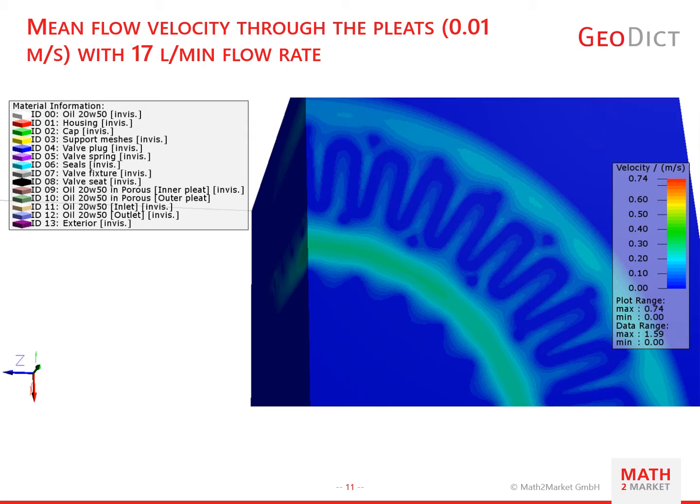In this case, it was 0.01 meter per second. And this is required so that we do filtration simulations later, again on the microstructure of the filter media, to define the filtration behavior of the media through the depth and cake filtration regimes.